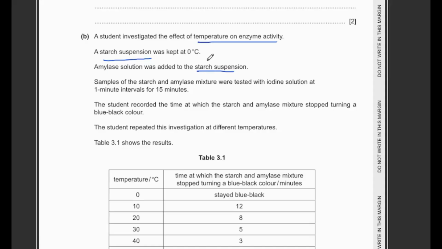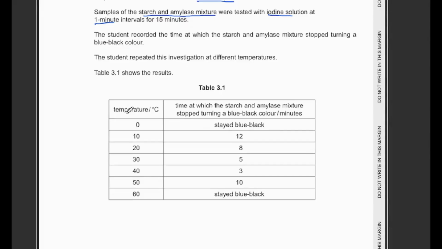Samples of the starch and amylase mixture were tested with iodine solution every 1 minute for 15 minutes. The student recorded the time at which the starch and amylase mixture stopped turning blue-black. The student repeated this investigation at different temperatures, and this is what the result is.